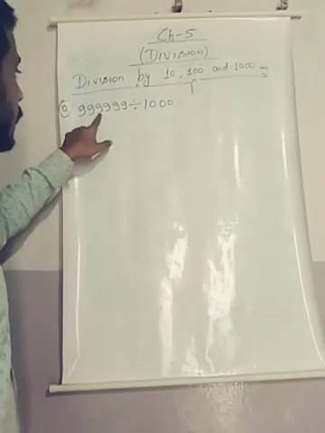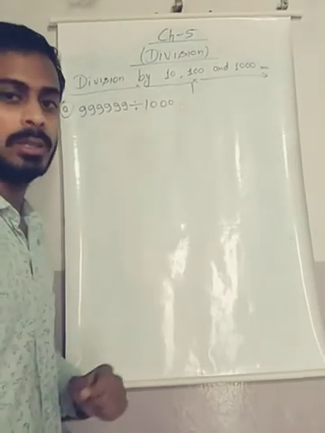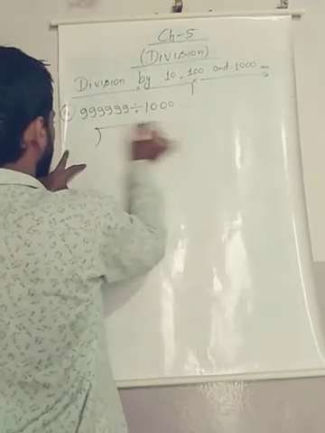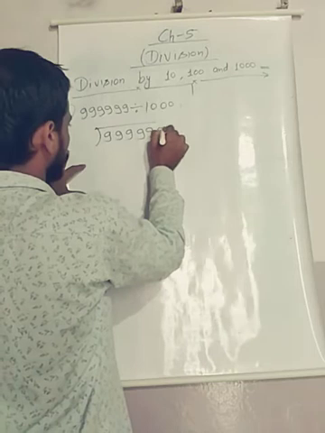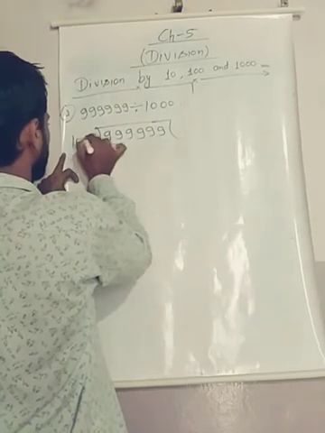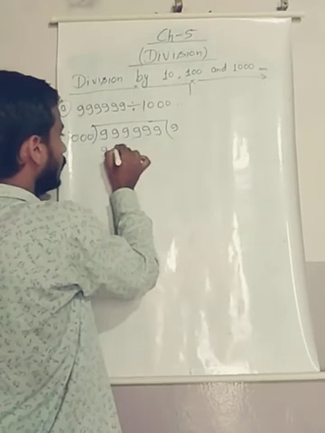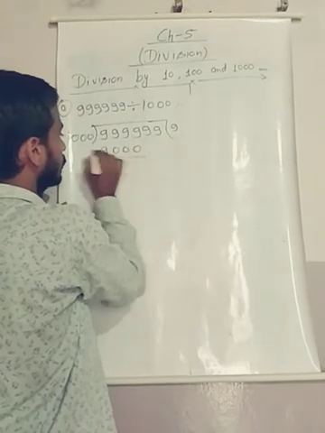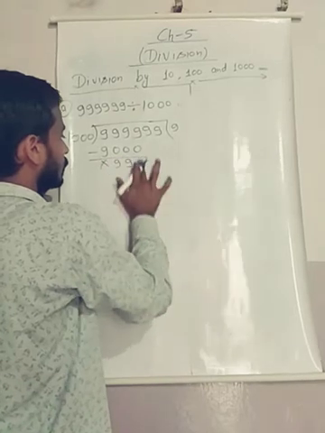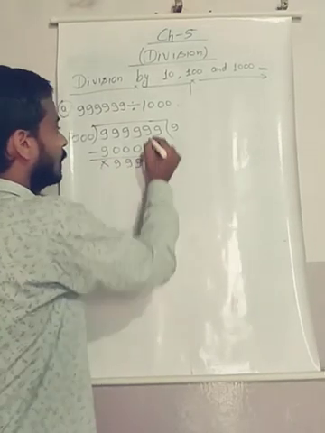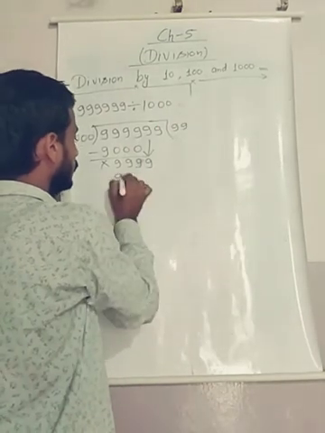See, divide the largest 6-digit number by 1000. 1000 nines are 9,000. Take this 9 also. 1000 nines are 9,000.